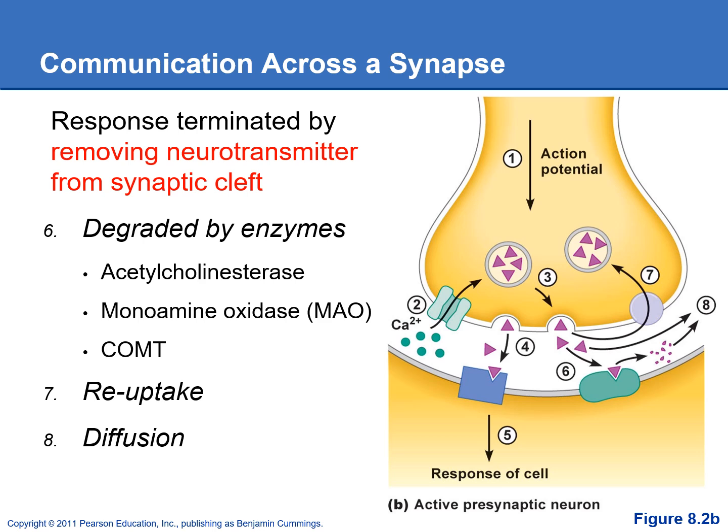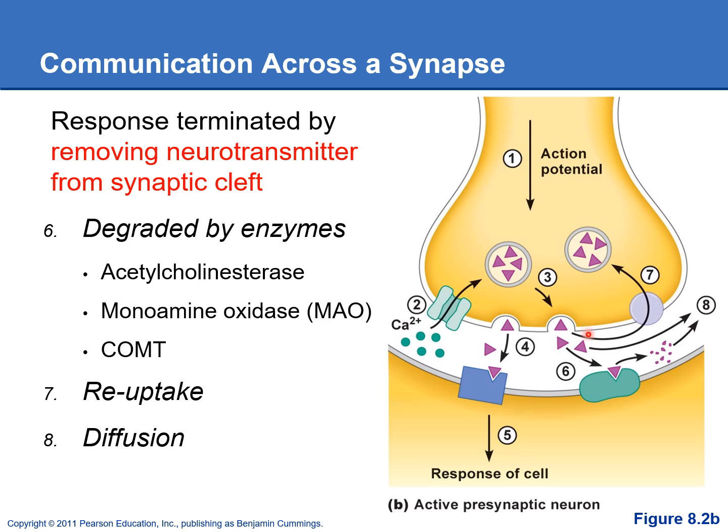And then the other 2 enzymes, MAO and COMT, will get rid of amine neurotransmitters and take care of those. Another way to get rid of neurotransmitters is by reuptake.